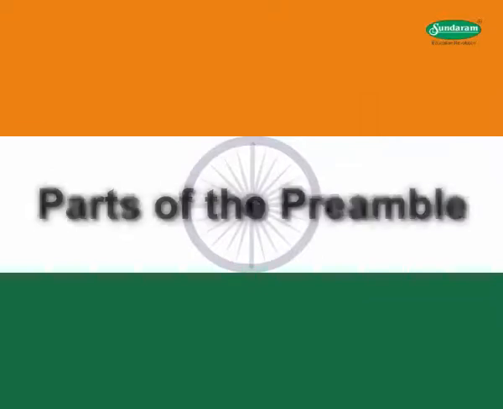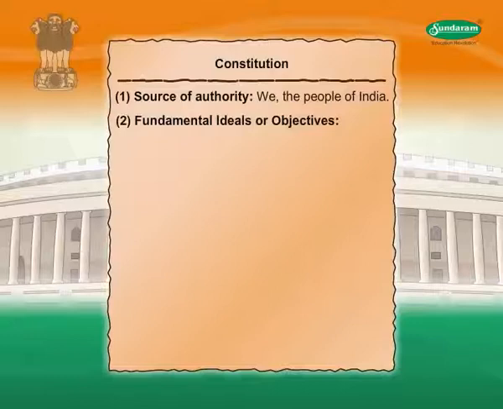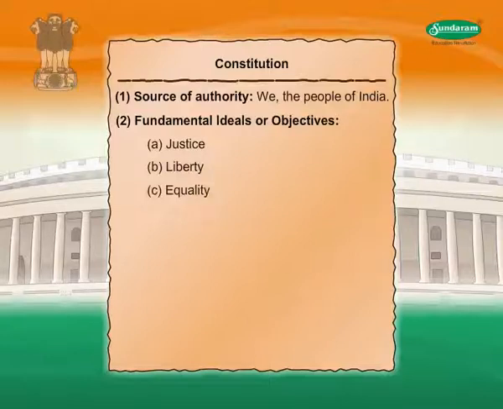Parts of the Preamble. 1. Source of authority. We, the people of India. 2. Fundamental ideals or objectives. A. Justice. B. Liberty. C. Equality.